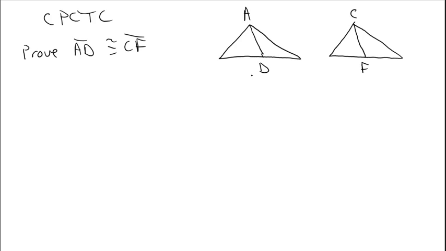Here we're not trying to prove congruent triangles, we're trying to prove a certain segment is the same. Anytime you have segments or angles you're trying to prove congruent in the context of triangles, what you want to do first is prove congruent triangles.